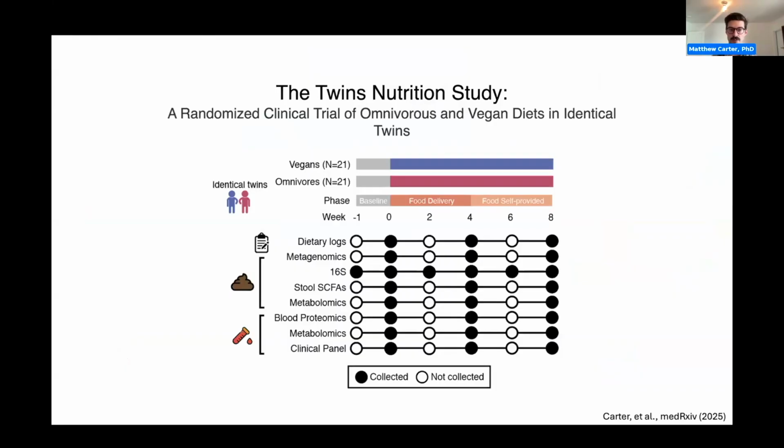Along the way, we performed multi-omic profiling on various features of their stool and blood. The hope is that we can use these multi-omics associations to inform follow-up studies in model systems. This paper was posted on medRxiv earlier this year, so I would encourage everyone to read it.